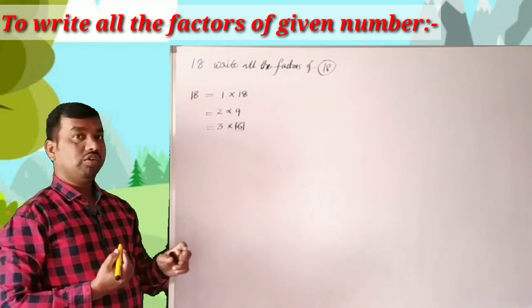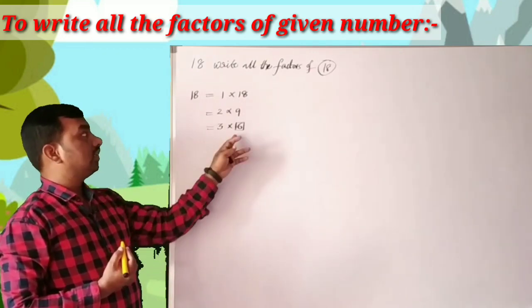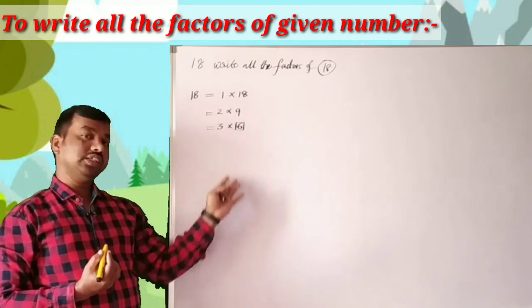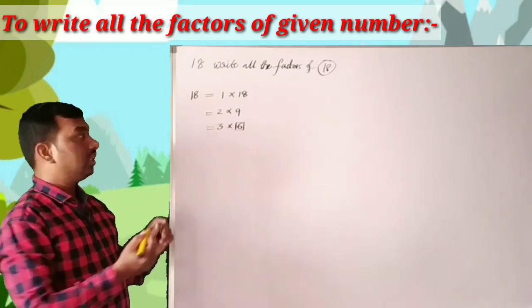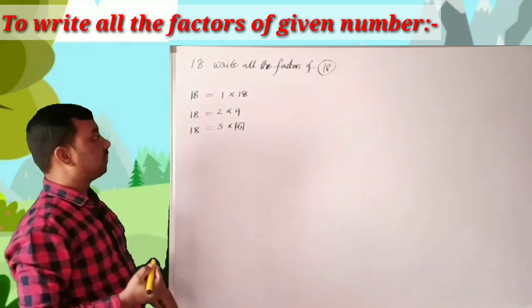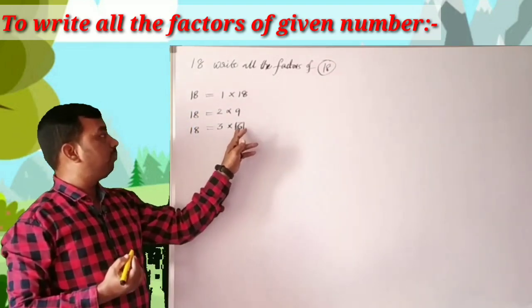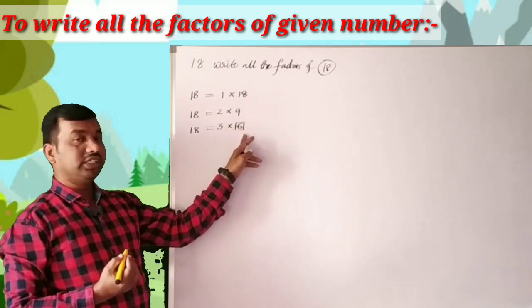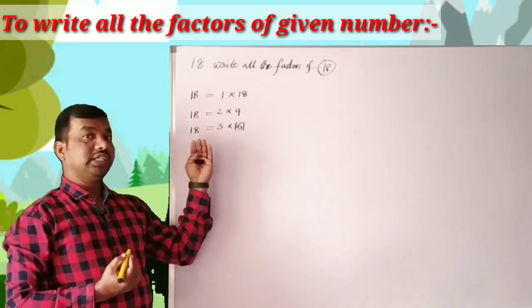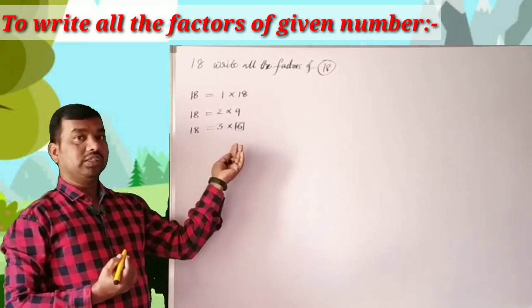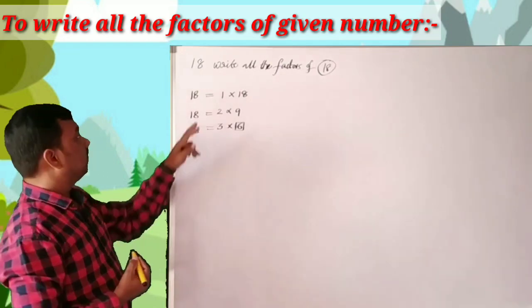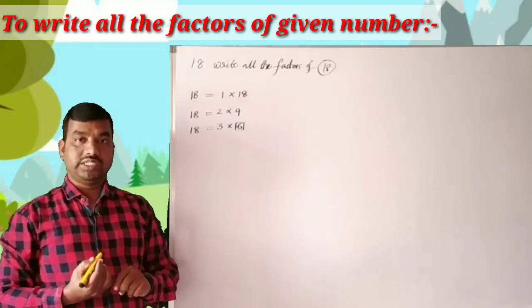So when you find 6 here, you don't write other numbers. Here you are repeating: 3 6s are 18 and 6 3s are 18. So when the sentence is repeating you leave it. So these are the factors of 18.